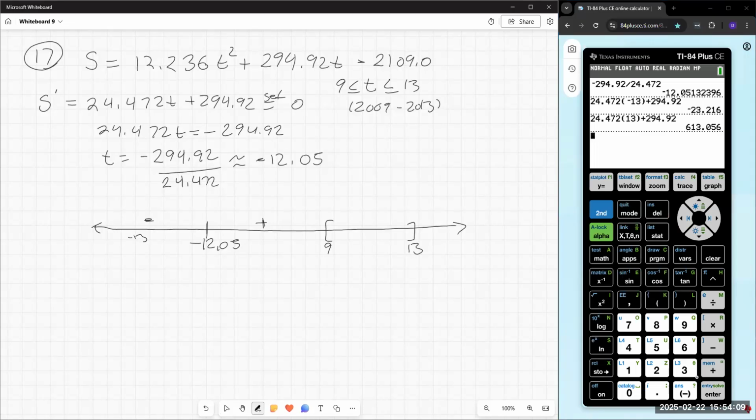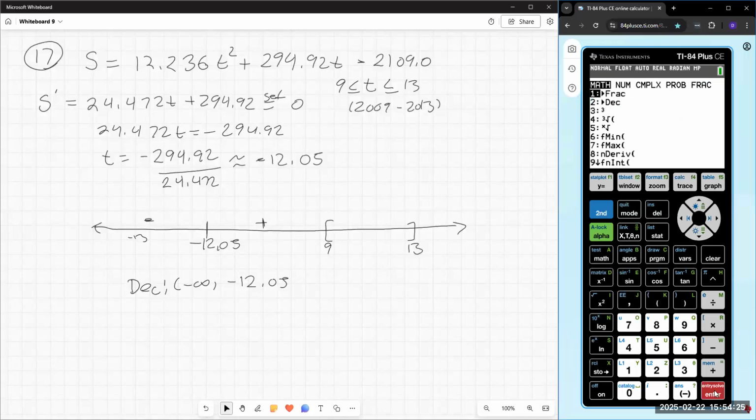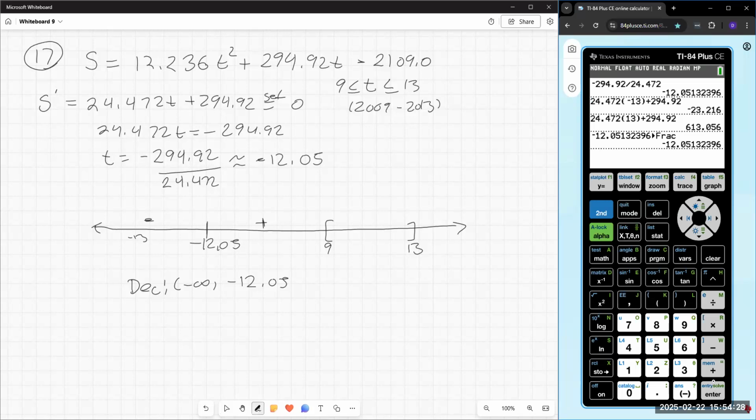And the whole interval is positive, so we're decreasing from negative infinity to that number that's about negative 12.05. Let's see if I can change that to a decimal or a fraction and get something exact. No, I can't. Increasing from negative 12.05 to infinity.